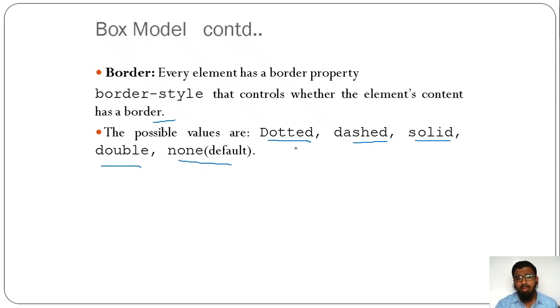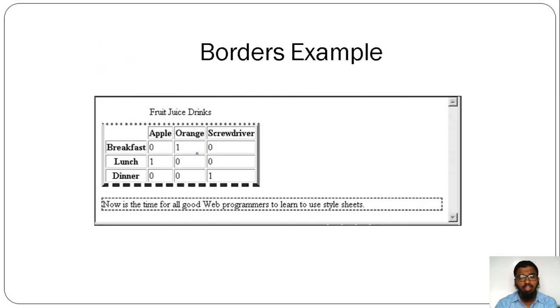When you see the next page, you will easily understand. This is dotted, this is double and this is dashed, and if it is default then it is normal.